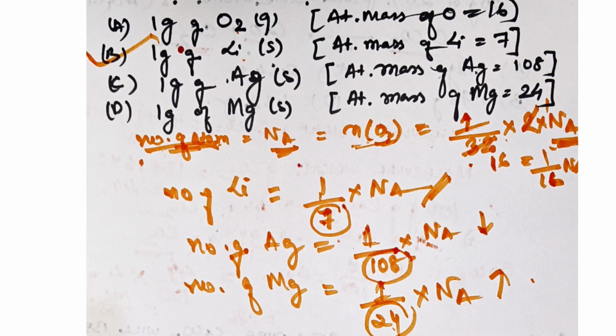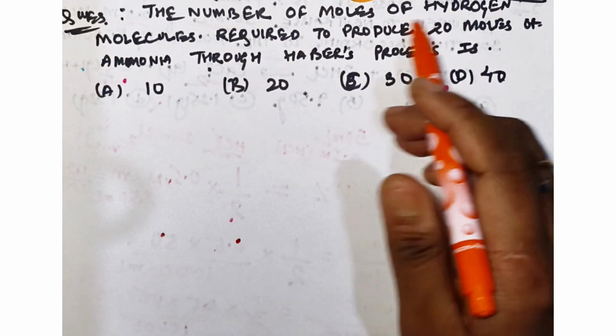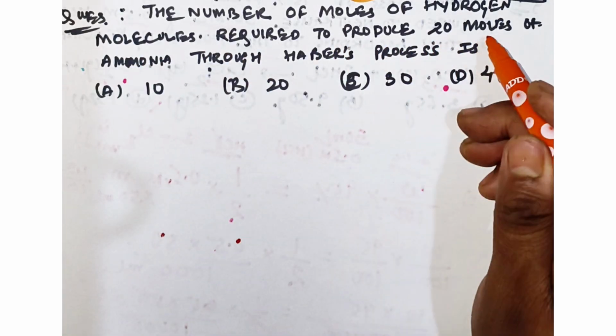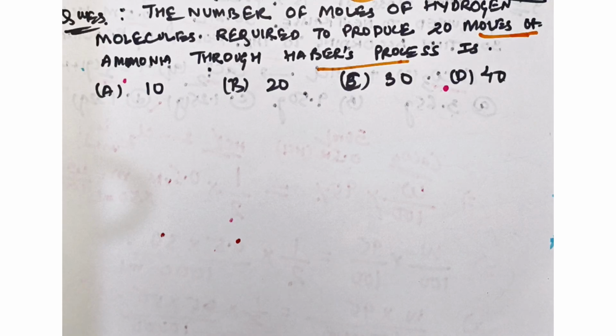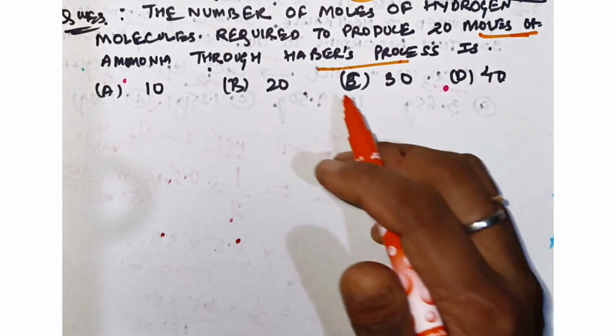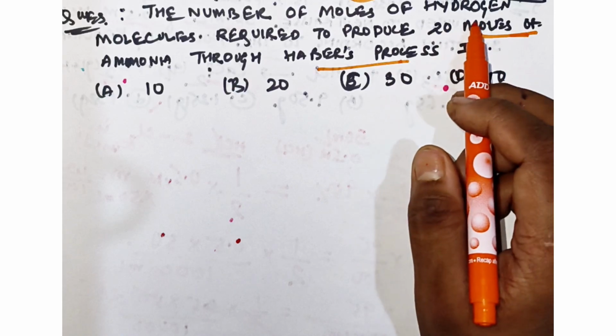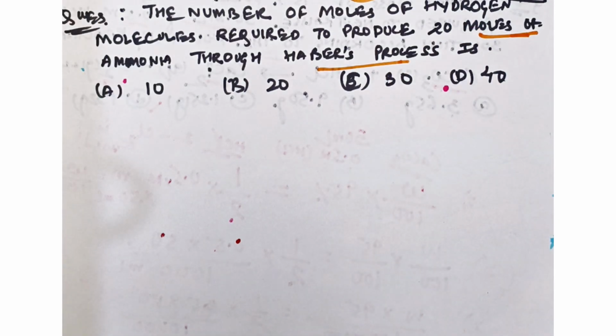Now, the next question is the number of moles of hydrogen molecules required to produce 20 moles of ammonia through Haber's process. So, through Haber's process, you have to find what is the moles of hydrogen molecules required.